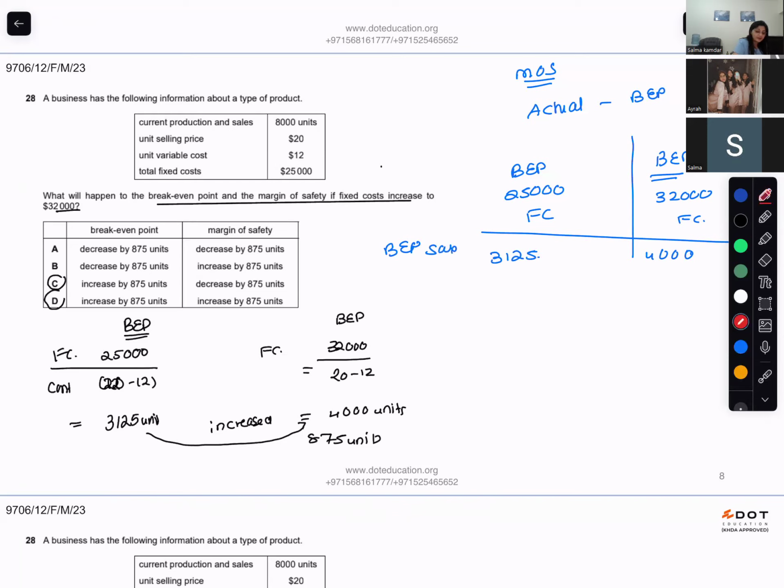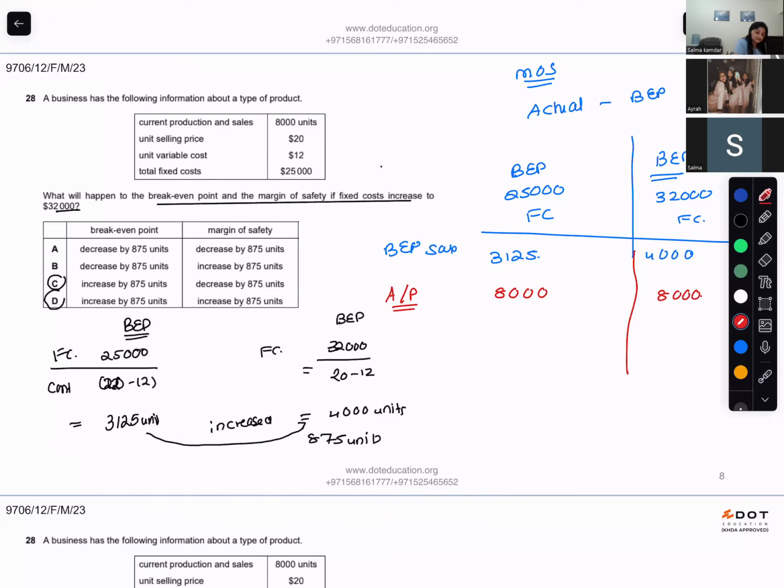In break even point, what do we assume in marginal costing? That everything that you produce is sold. So actual is 8,000 units. You're finding the margin of safety in units, right?